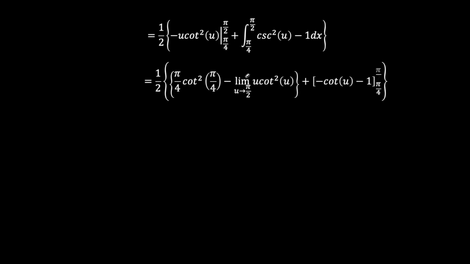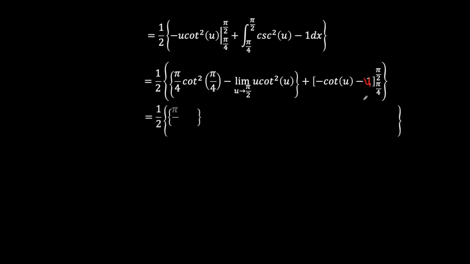So as I said previously, substituting in the limits and obtaining the limit, especially at pi over 2 here, the integral of cosecant squared is going to be negative cotangent u, and the integral of 1 here is going to be just u.